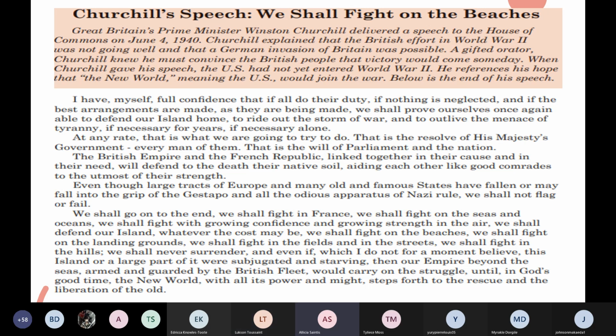The British Empire and the French Republic, linked together in their cause and in their need, will defend to death their native soil, aiding each other like good comrades to the utmost of their strength. Even though large tracts of Europe and many old and famous states have fallen or may fall into the grip of the Gestapo and all the odious apparatus of Nazi rule, we shall not flag or fail.